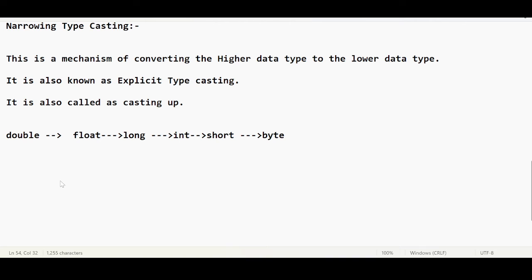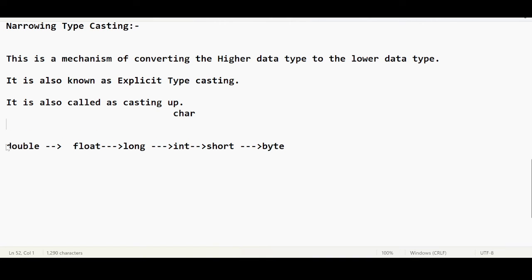And over here, the integer gets depromoted to char.